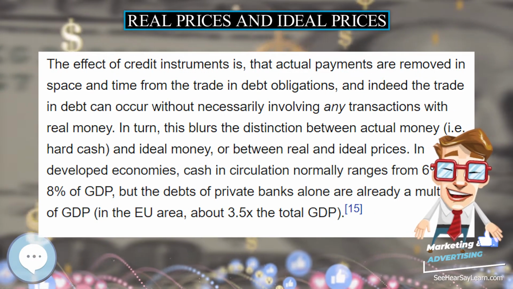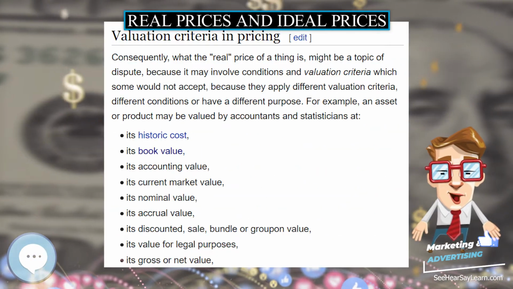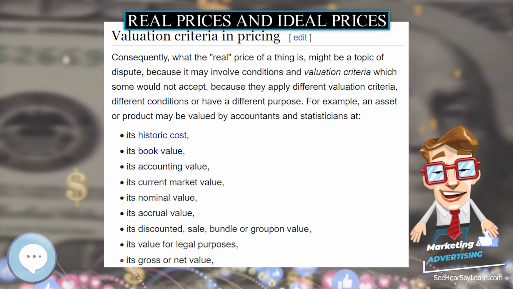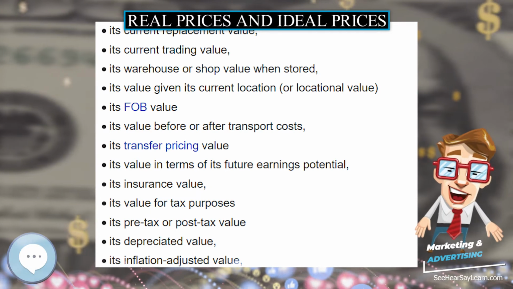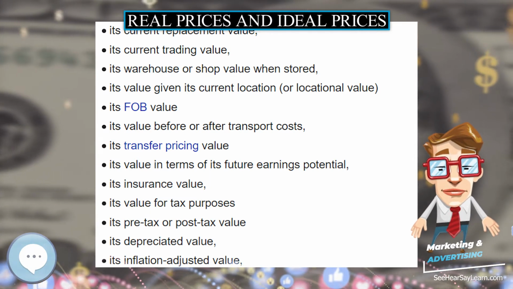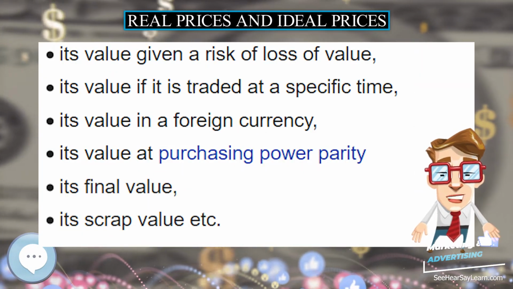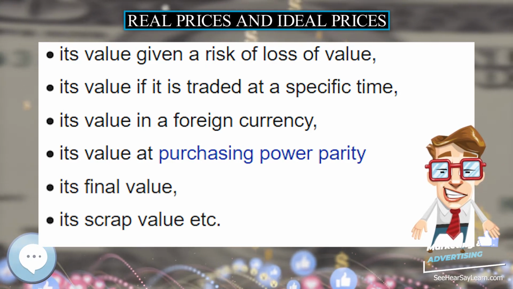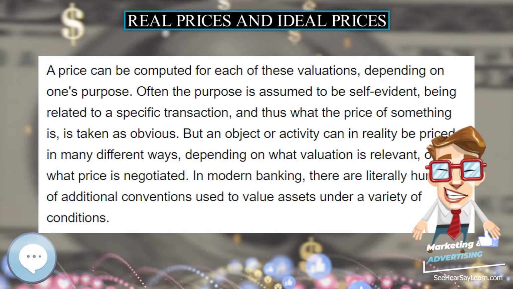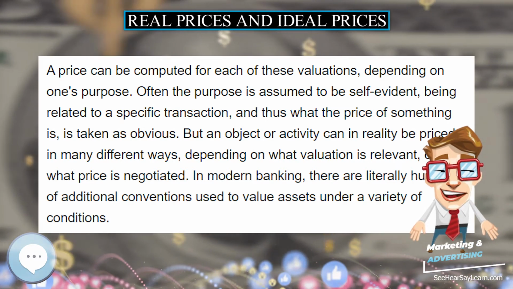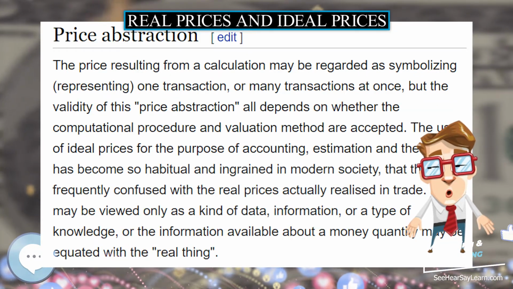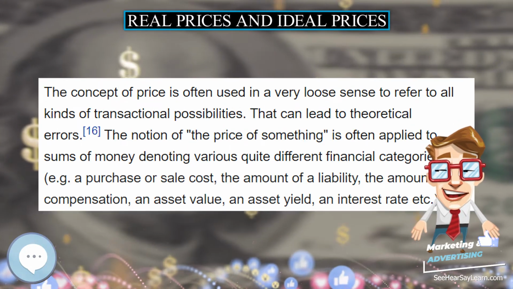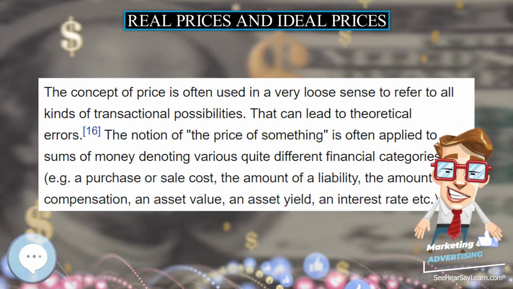Valuation criteria in pricing. Consequently, what the real price of a thing is, might be a topic of dispute, because it may involve conditions and valuation criteria which some would not accept, because they apply different valuation criteria, different conditions or have a different purpose. For example, an asset or product may be valued by accountants and statisticians at different amounts. A price can be computed for each of these valuations, depending on one's purpose.